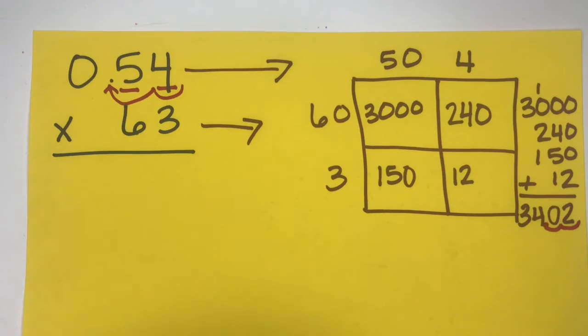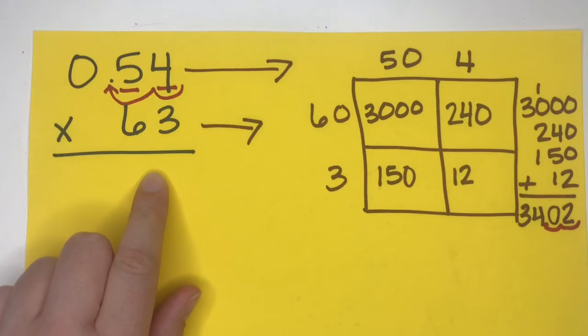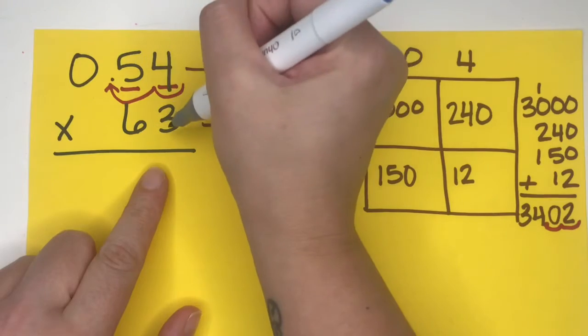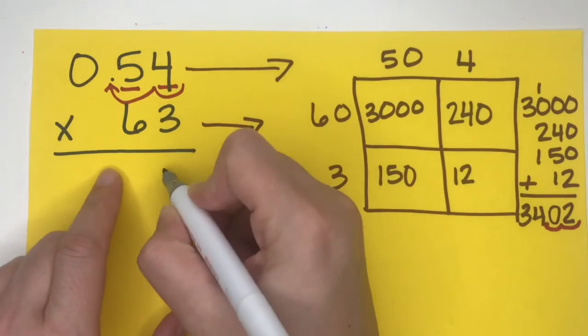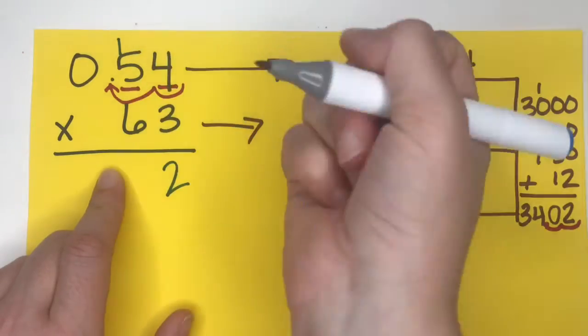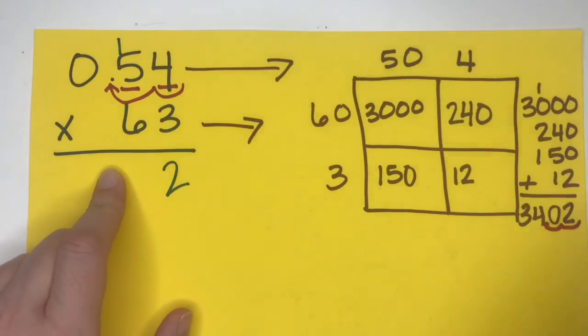So let's go ahead and look at it in the algorithm method. We're going to go ahead and multiply starting in the ones place. So we have 4 times 3, which is 12. We're going to carry that 1. The 1 is in the tens place, and so we're going to put it above the tens place.